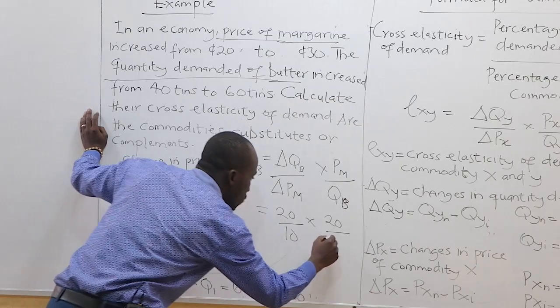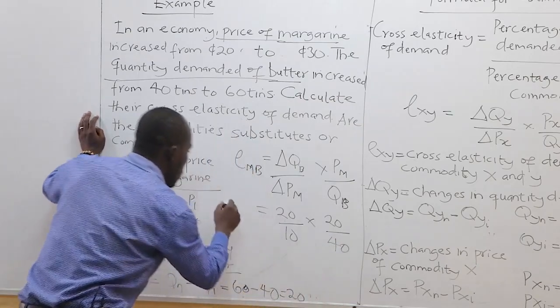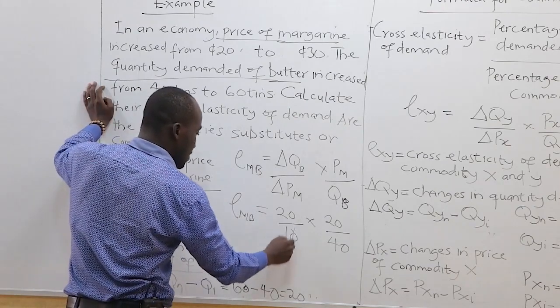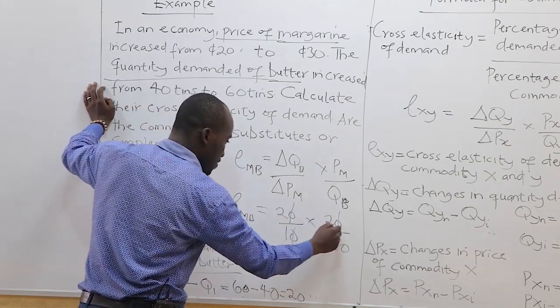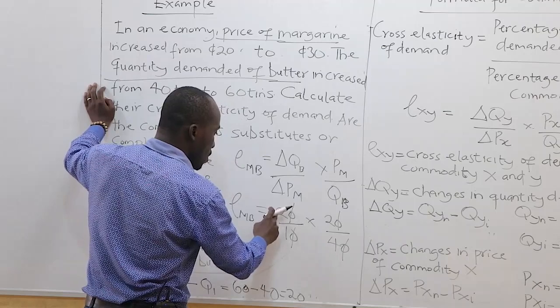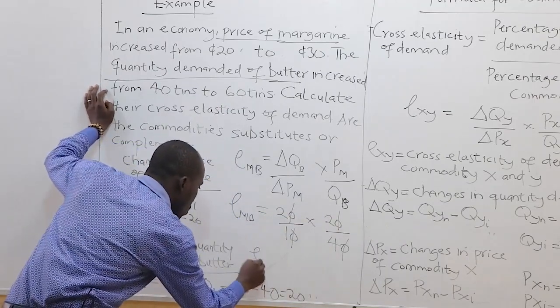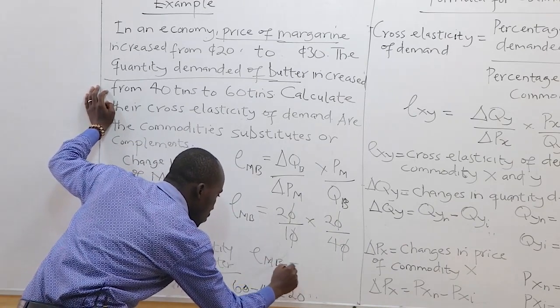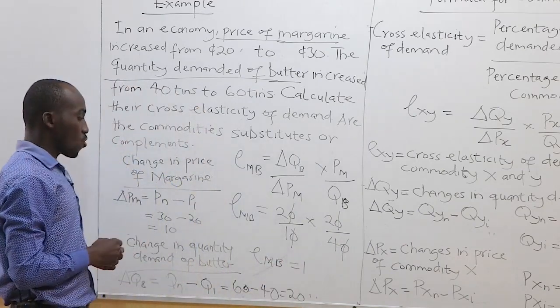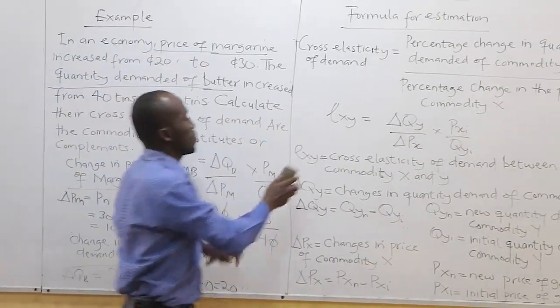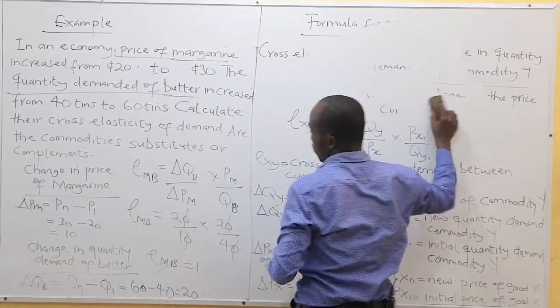So the cross value of EMB will be, this one will cancel this, this one will cancel this, so you have 4 times 4, so 4 over 4 will give you 1. So the cross elasticity of demand is equal to 1. So we have to interpret.